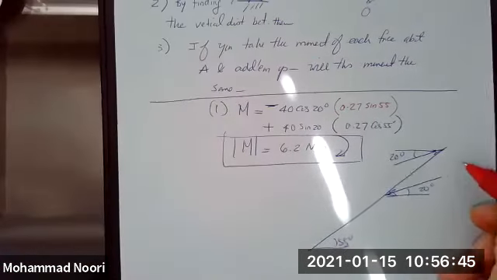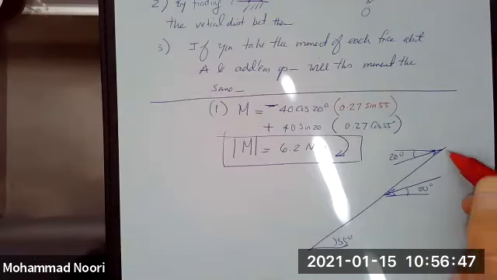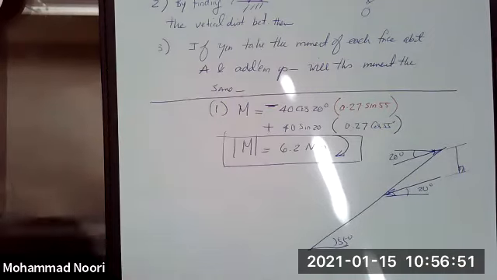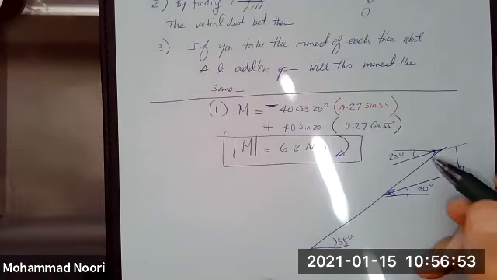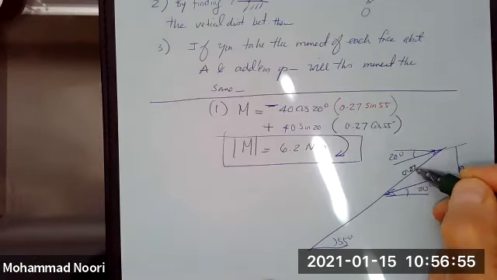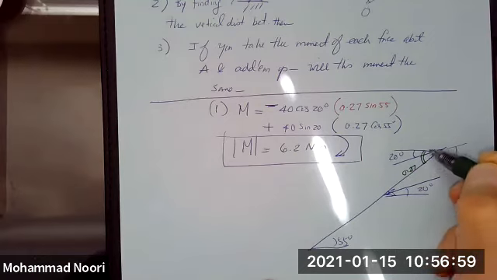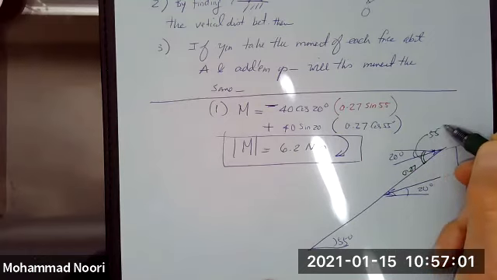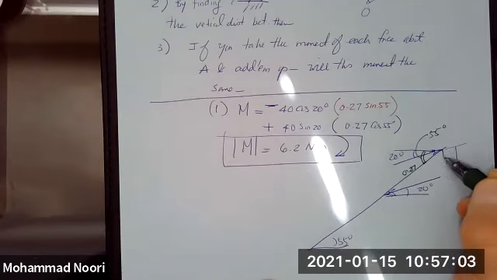Okay. So how do I find this vertical distance between these two? This is what I should do. I have this distance, right? This angle is 55 degrees, right? All that I need is this distance.